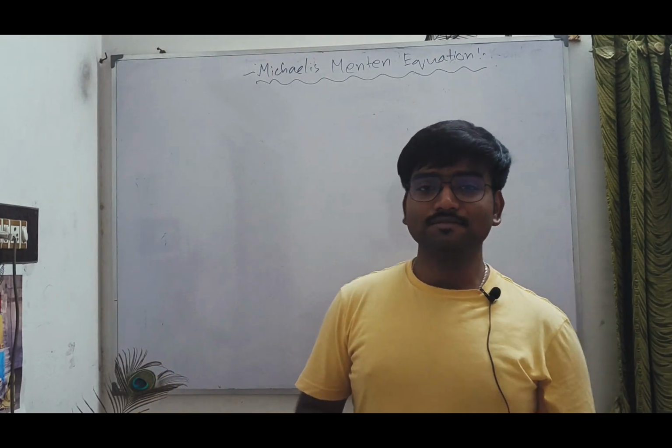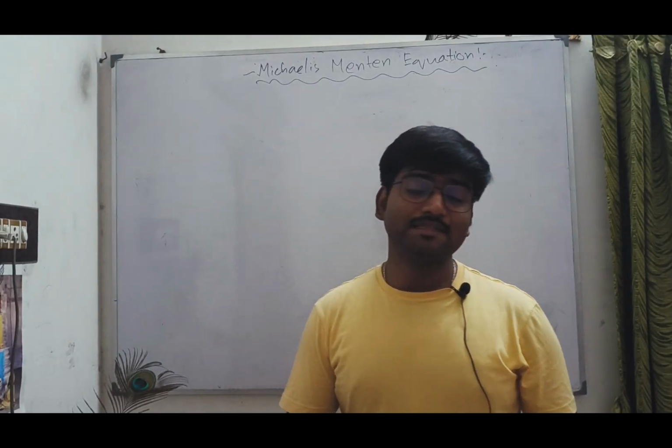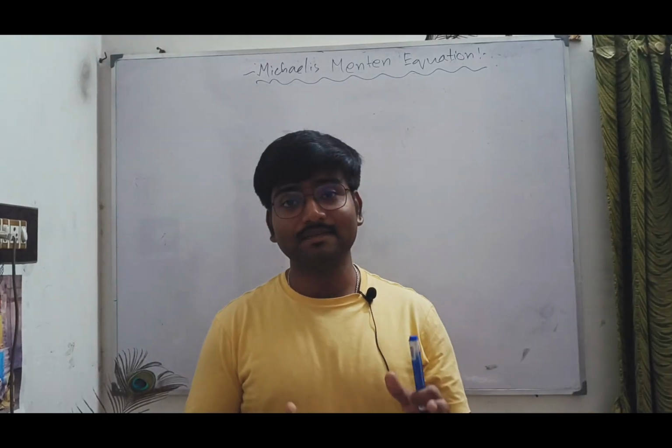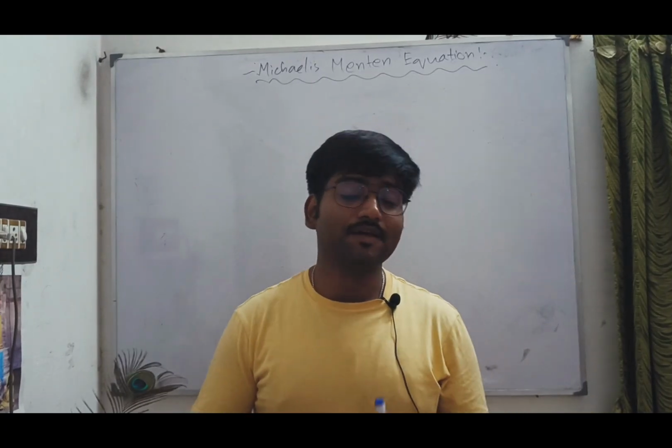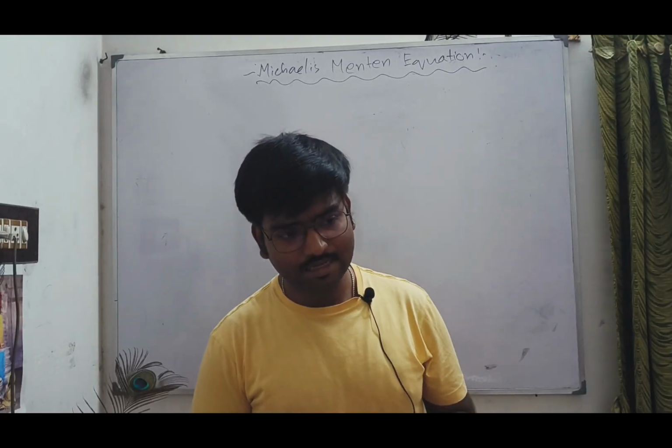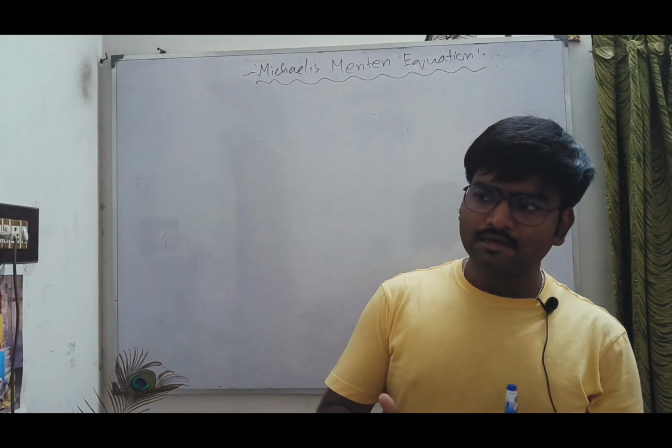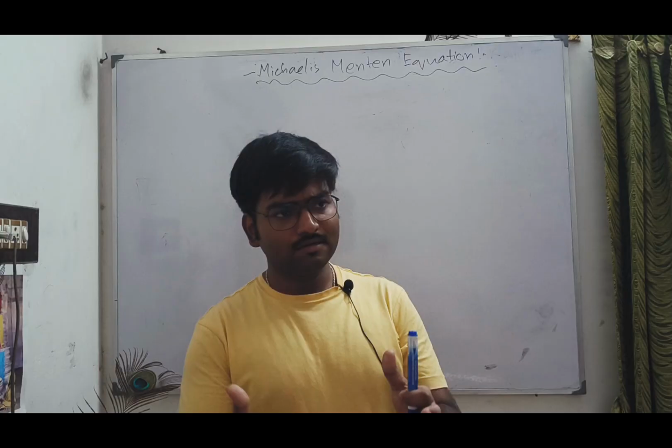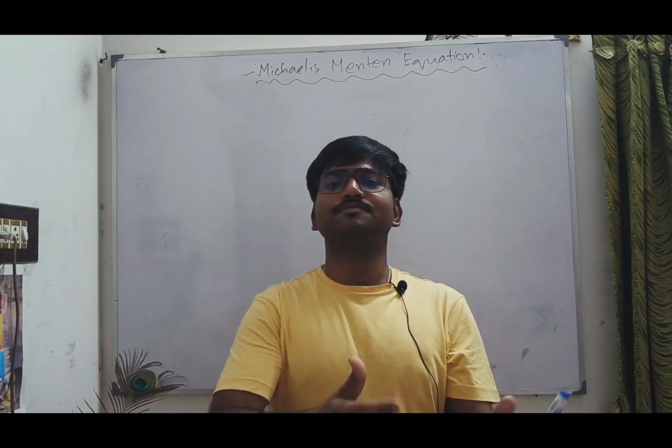So before starting, we must know what an enzyme is. Enzymes are biocatalysts that can increase or decrease the rate of reaction, and after the reaction they remain unchanged. That means enzymes break down something and convert the substrate into product.